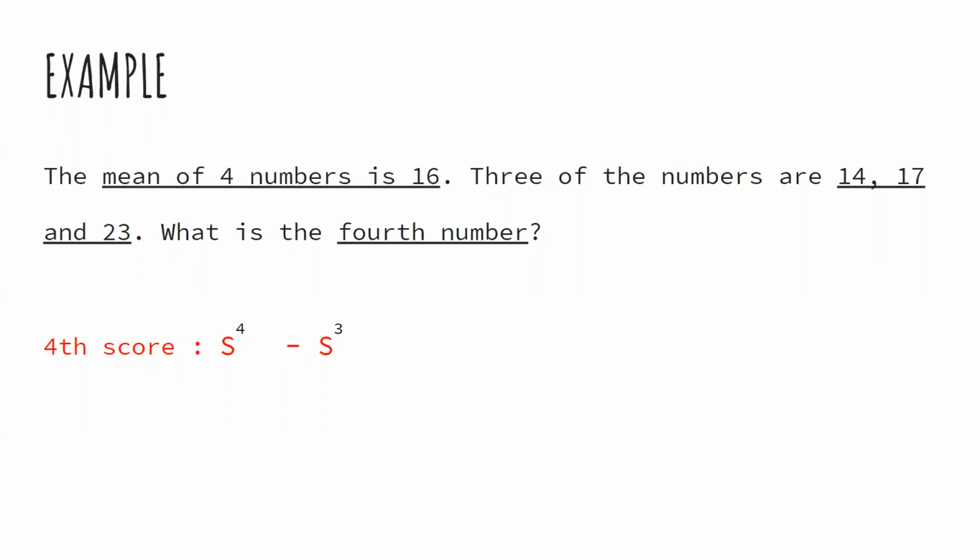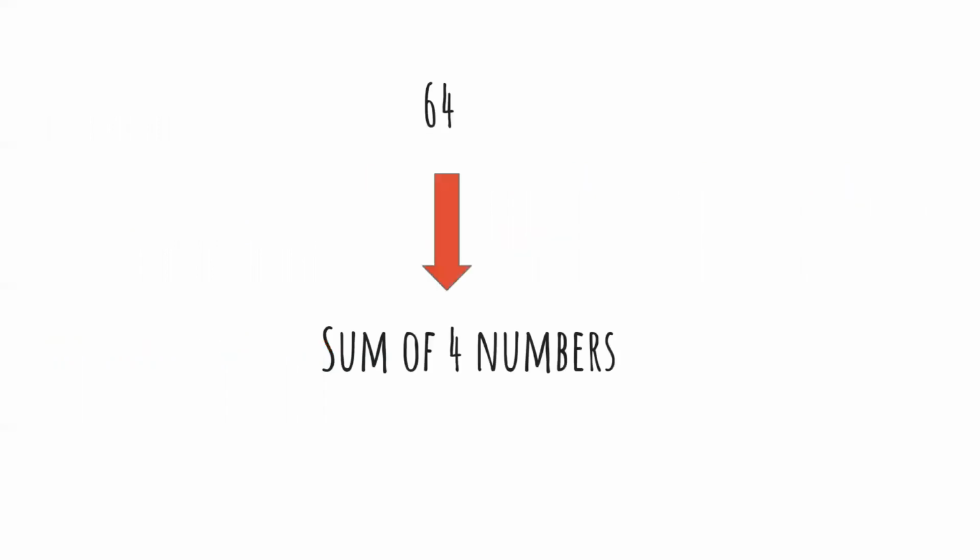So we see how it's important to know the 2 methods of calculating the sum of values. And the one that we used just now is to multiply the mean by the number of values. So 64 is the sum of the 4 numbers.